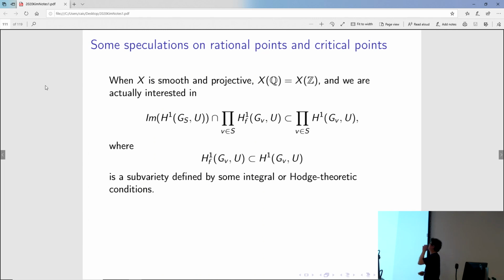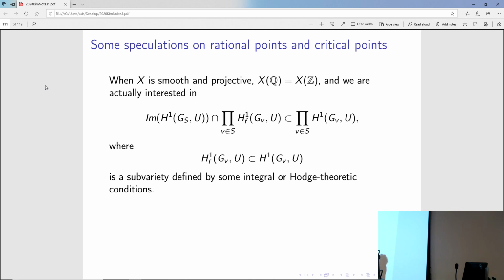Now, let's remind ourselves that when X is smooth and projective, the rational points are the same as the integral points. Right? So in order to understand the way the integral points sit inside, say, local points, or p-adic points, or a finite collection of v-adic points or adelic points, what we're actually interested in is an intersection.